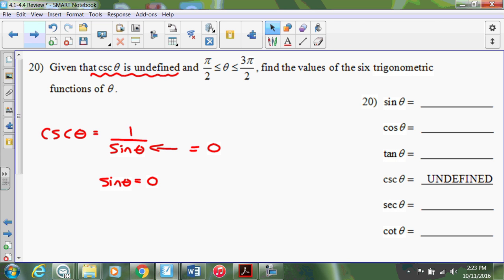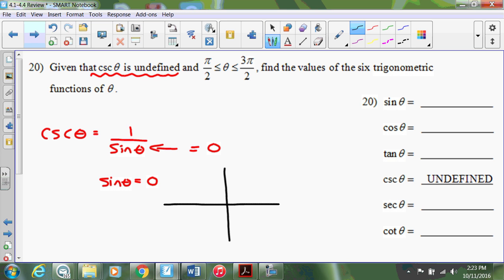Well, let's look at the unit circle, and remind ourselves that here at 0 and 2 pi, and here at pi, sine is going to be 0, right? The coordinate point here is (1, 0), and here is (-1, 0). So these are the two places, both at pi, 0, and then if we went around again, 2 pi.